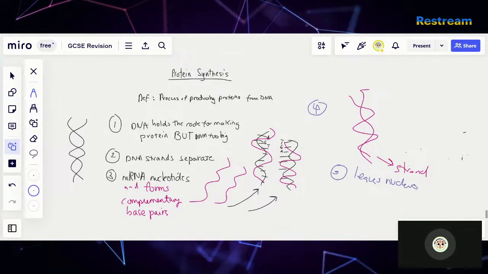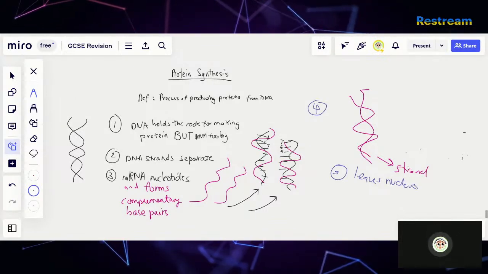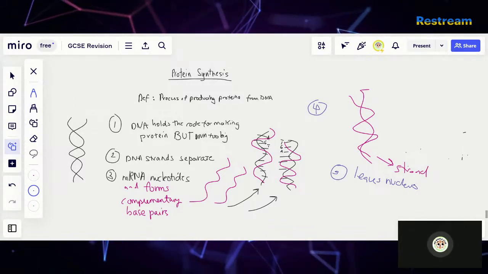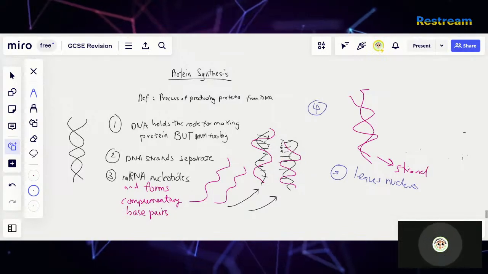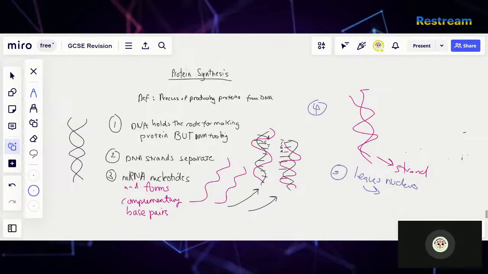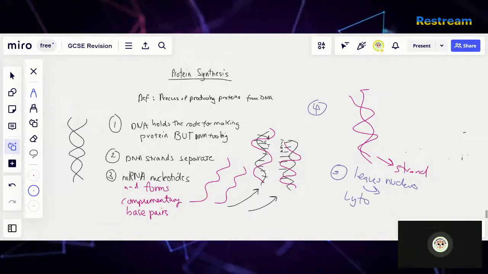And as the mRNA strand leaves the nucleus, it then goes to the ribosomes. So this template of the original DNA has now made a copy and moved out from the nucleus through the cytoplasm, because it has to travel through the cytoplasm, to the ribosome.